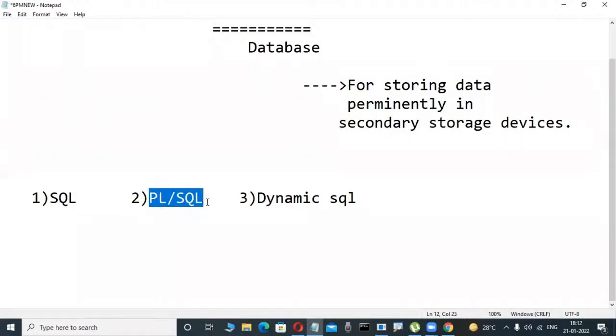It is procedural language extension for SQL. Why is this language really required? Many jobs are available in PL/SQL also. Why is it required? Because of so many applications.